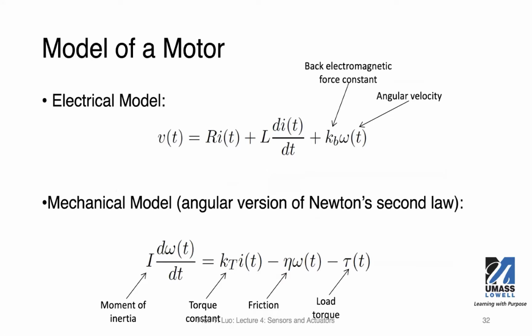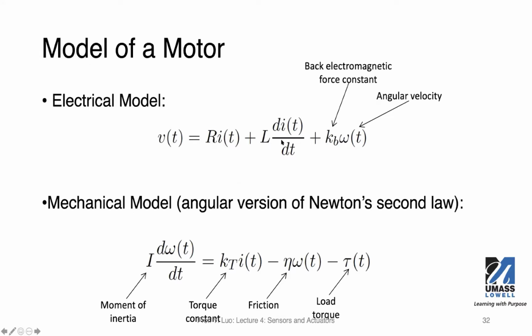Electrically, we can model this device as such. V is the voltage applied to the coil wound around the core of the motor, R is the resistance of the coil, i(t) is the current at this moment, and L is the inductance of this coil.